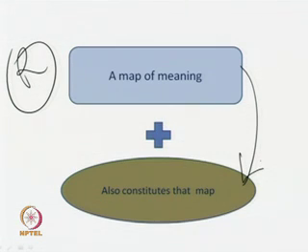There is a subtle difference between ideology as maps of meaning and representation as maps of meaning, in the sense that there is a second element here. Okay. Like ideology, representations are maps of meaning, and secondly, representation also constitutes that map. Why? Because in this case, we are interested not in the object that is represented. We are interested in the fact that the representation itself is constitutive of or constitutes that map.